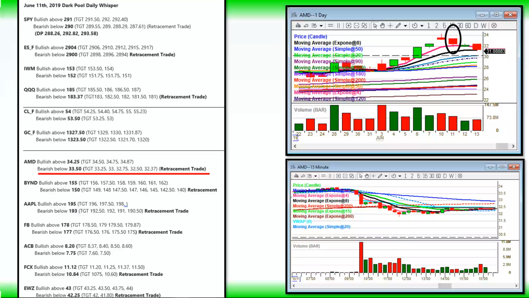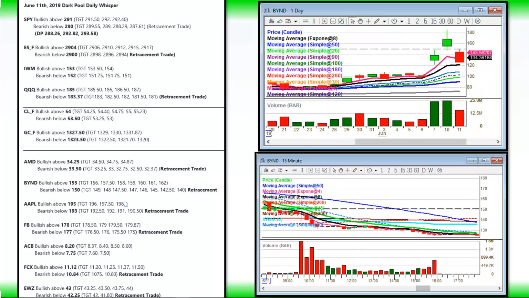It took a few days, 2 days to come down to the 8, but there was that retracement trade. Here's Beyond, bearish below 150, and we came all the way back down again, right? There's the wick at the top. Sellers came in, and then we have a retracement trade.